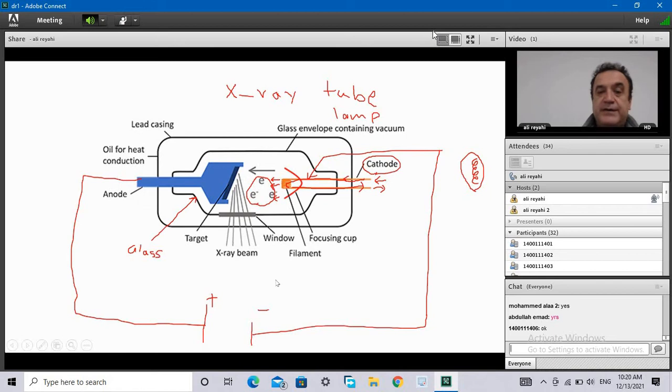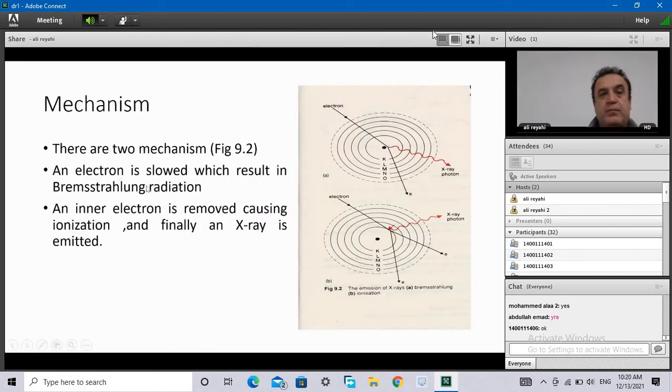So these are the components of the X-ray tube. Okay, now we want to speak about what happens in the anode, how X-ray is produced. Why do the electrons slow down? Why, when electrons are stopped, will X-ray be produced?